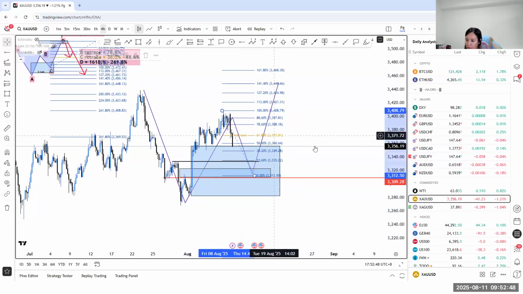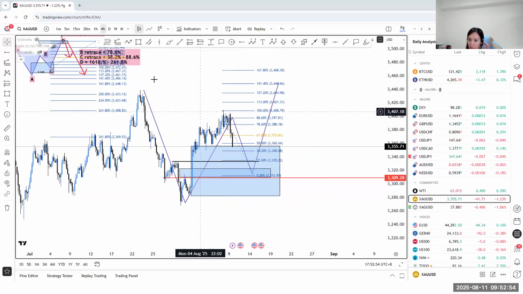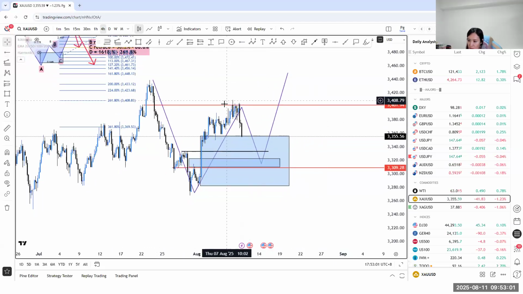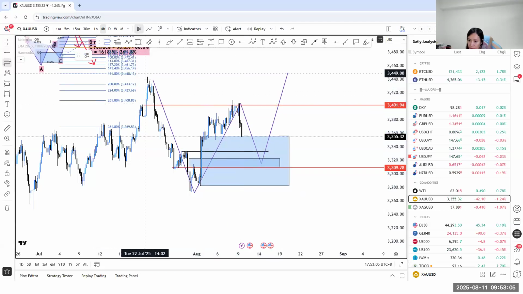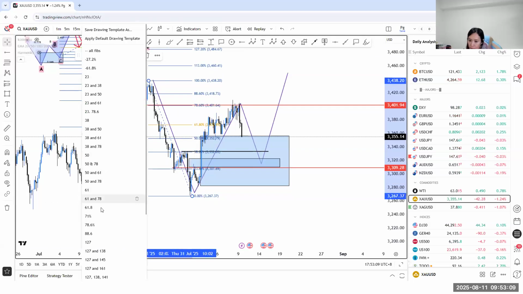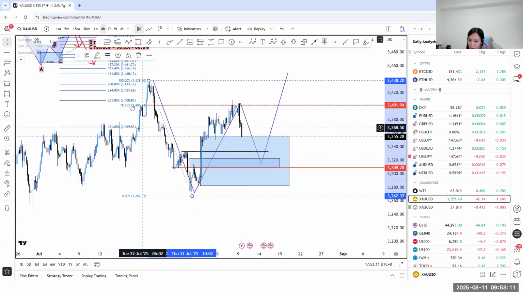Because this is really strong selling right now. Very strong selling right now, and on H4 price retraced 78.6%. This is 78.6%. Here it's 78.6%.